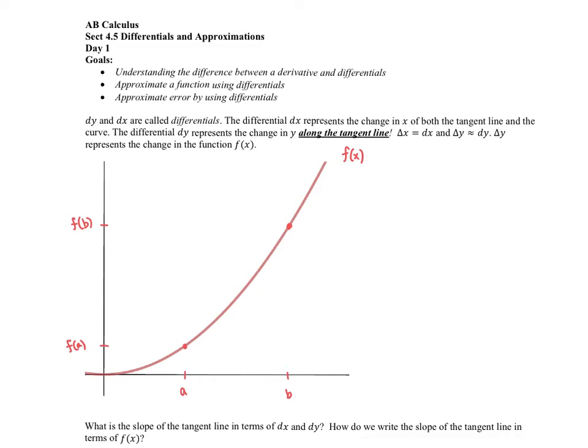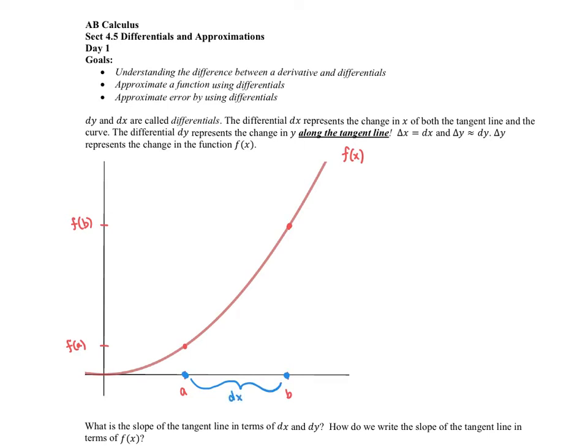The differential dx represents the change in x of both a tangent line and the curve. So let's highlight this. The change in x from a to b, this distance from here to here, we call dx.